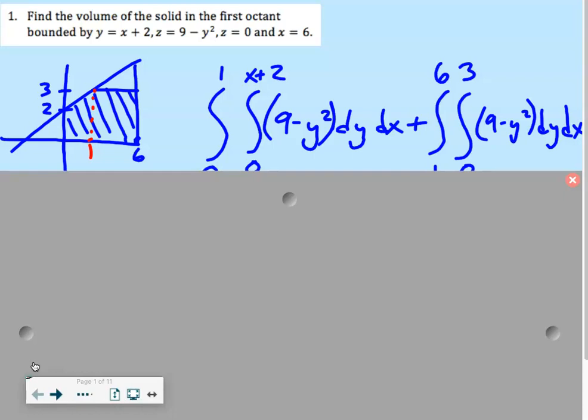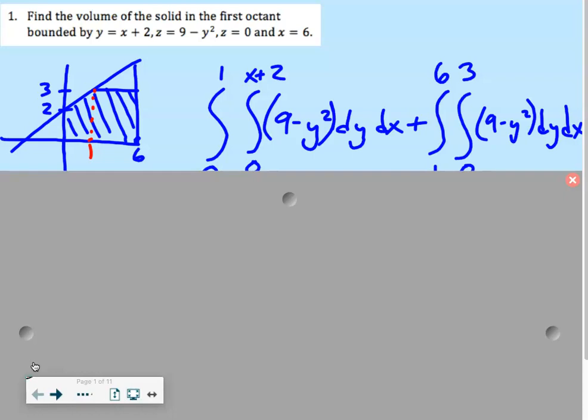Because you had to chop off the y's at 3, now, honestly, I don't know why I chose to do this with 2 integrals, top minus bottom. I could have easily written this as x equals y minus 2 and done a right minus left, but whatever. Either way, I did it with 2 integrals.